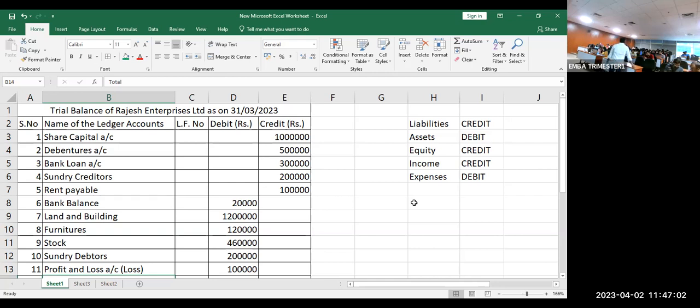Anybody found it? Page number 386. Notes. Go to the main balance sheet. Anybody got the profit and loss account?